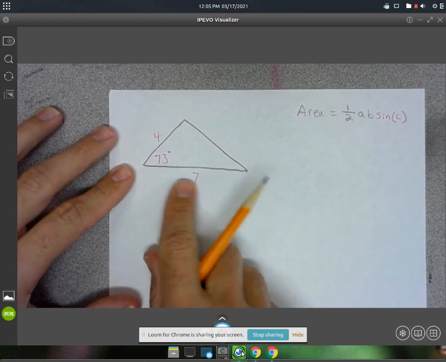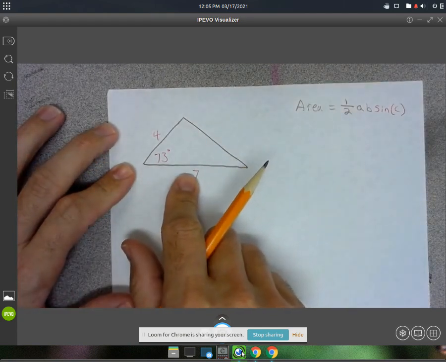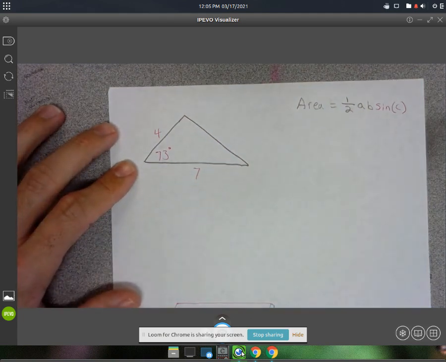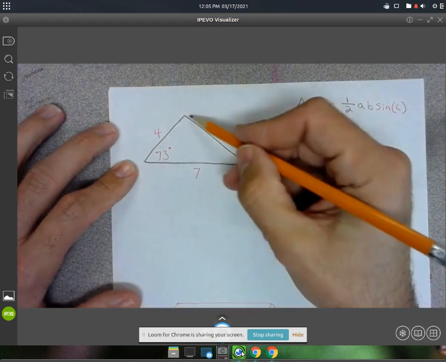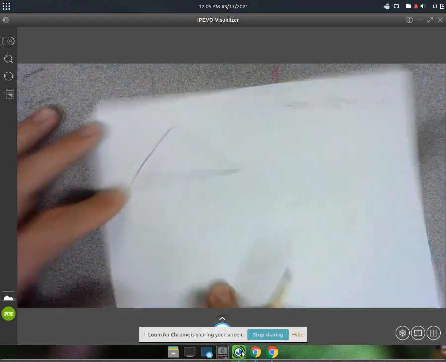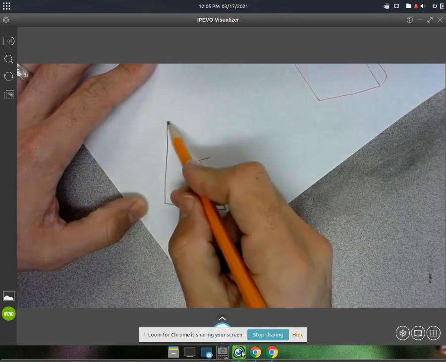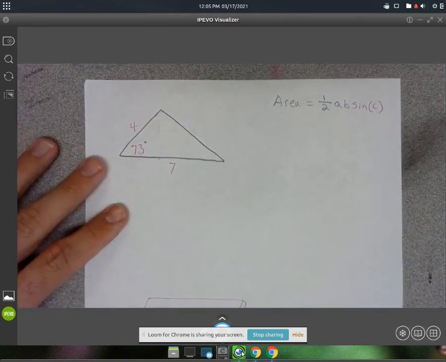So I've got this simple information. If you were trying to find the area of this using 1/2 base times height, you would be very stuck, because if 7's your base, you don't know the height, right? If 4 was your base, you don't know the height, right? And so you get frustrated and stuck.